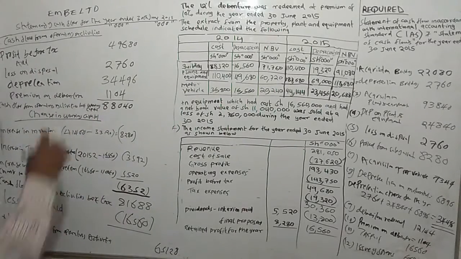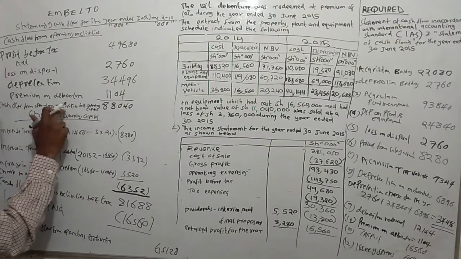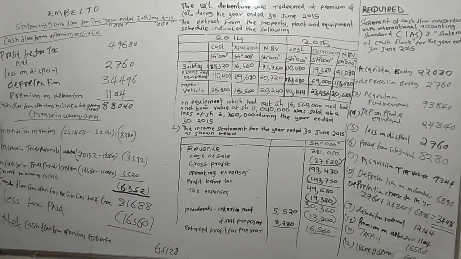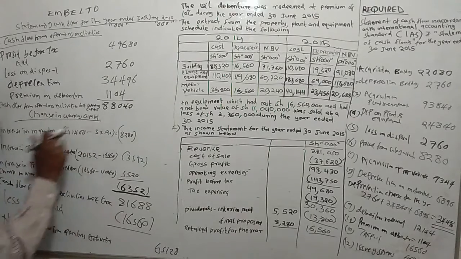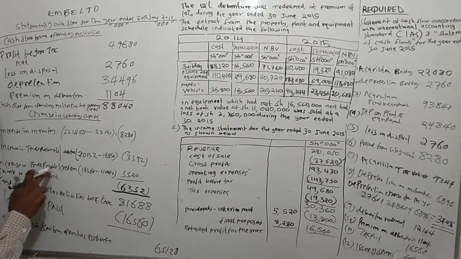Remember, we have taken the profit before tax, we add back the loss on disposal, the depreciation, and the premium redemption. That has given us the cash flow from the operating activities before working capital. Then we calculated the change in working capital, with an increase in inventory, increase in trade receivable, and increase in trade payable.